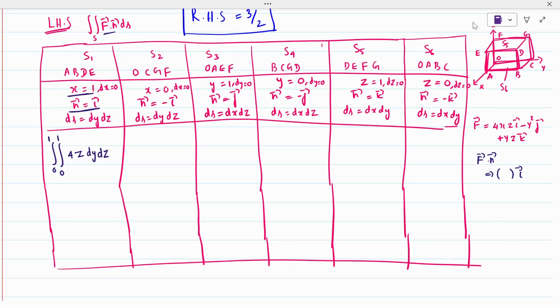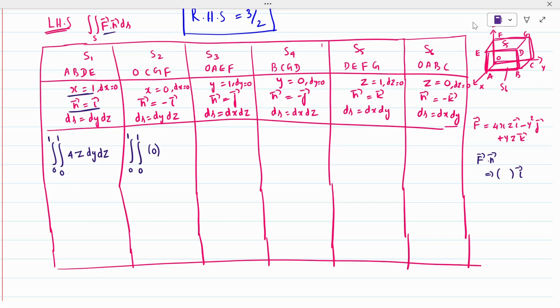So completed. Now same way, double integral over 0 to 1, 0 to 1. Now same i vector, so minus. So now x equal to 0 I have to put. So here fully 0. Okay. So it is fully 0. I will be getting fully 0.